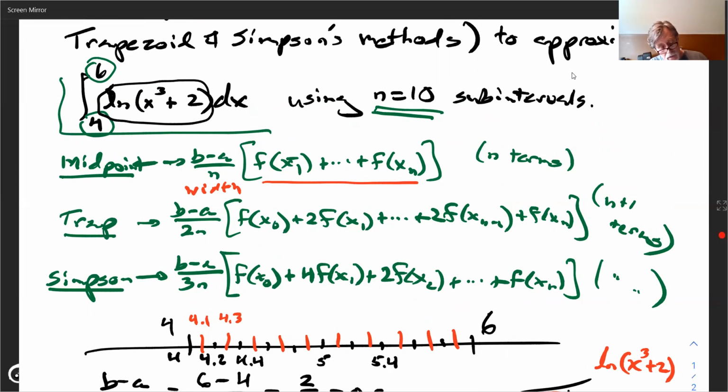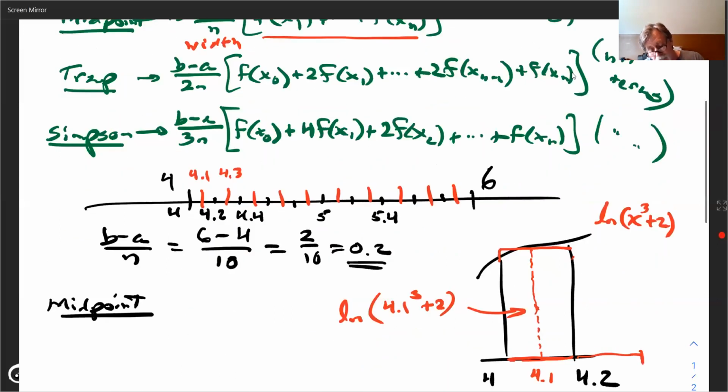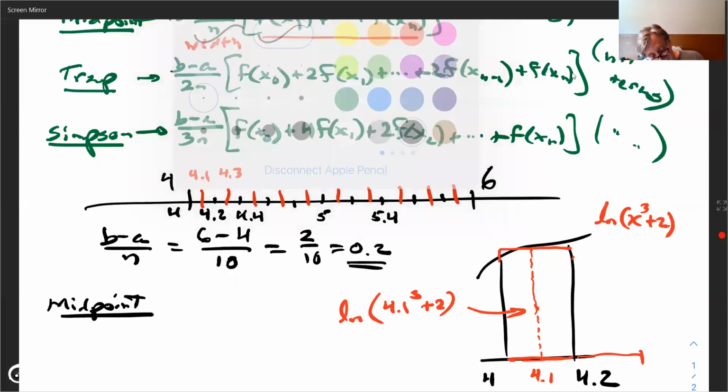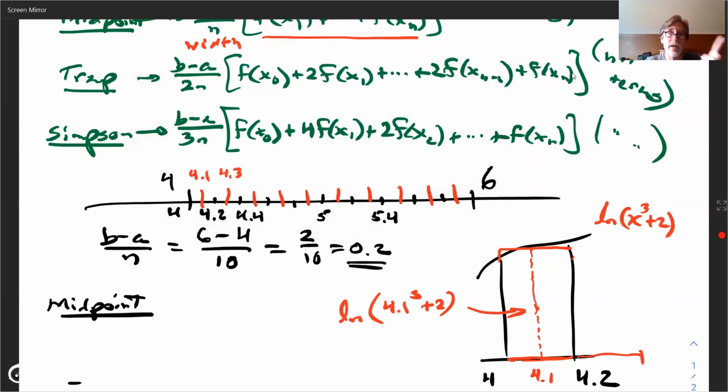So the way this starts for a midpoint, and I'm trying to make this quick, is it's equal to b minus a over n, which we figured out to be 0.2, and then inside you just take the function of every midpoint. So the first one we found over here is 4.1, okay?